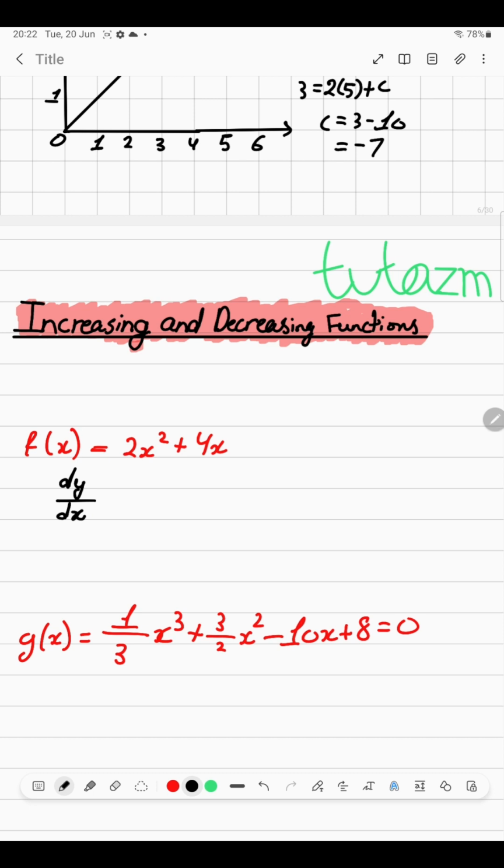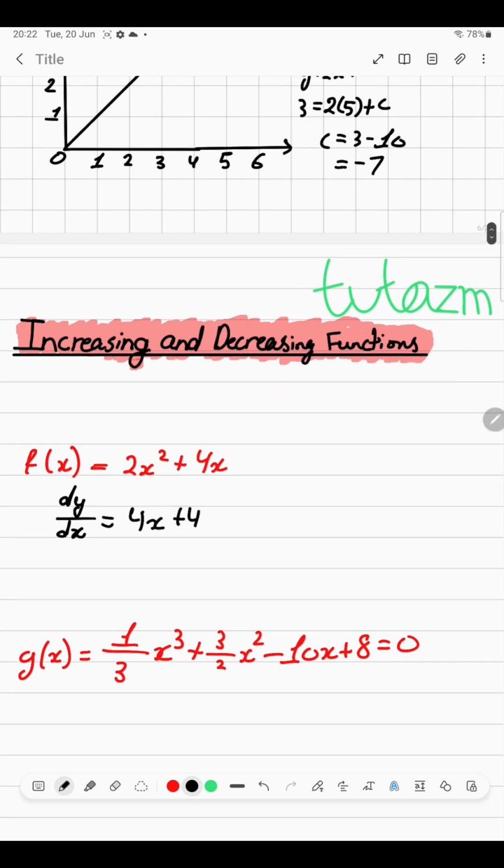at certain points in the graph, we'd have to work out dy by dx, so it would be 4x plus 4, and we'd have to set that greater than 0 and then less than 0. This is increasing and this is decreasing.